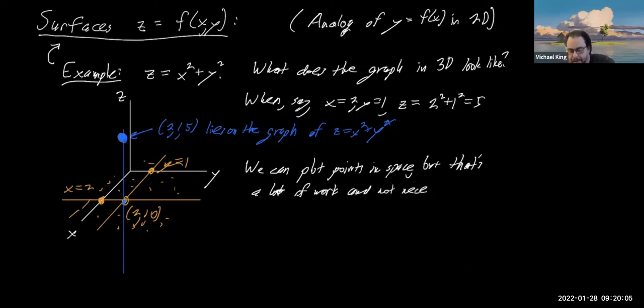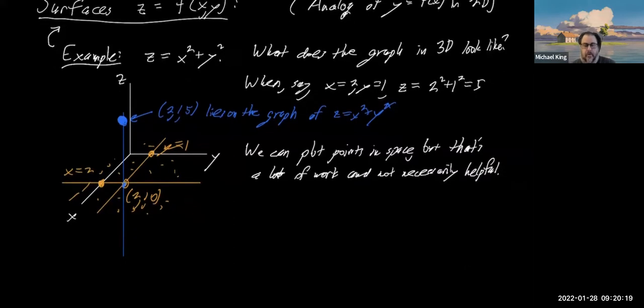So instead, what we do, and you'll see this as a theme of the course, is we're going to piggyback on our knowledge of 2D as much as possible. We're just going to always exploit our knowledge if we can.